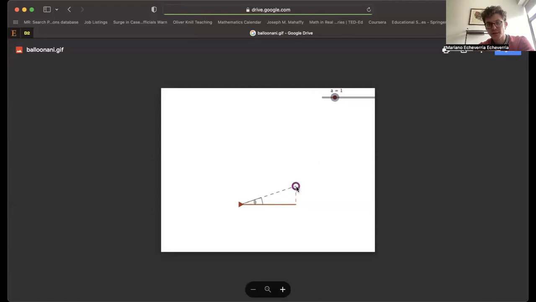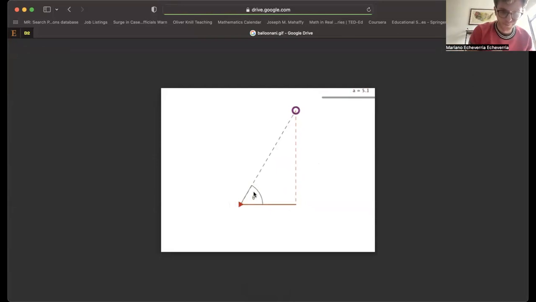It's rising. This is a camera that's located 12 meters from where the balloon starts rising. And you see the camera is following the balloon, so the angle is changing as the balloon rises. Is that making sense? So we want to find out how fast this angle is changing, basically. Is the animation clear?